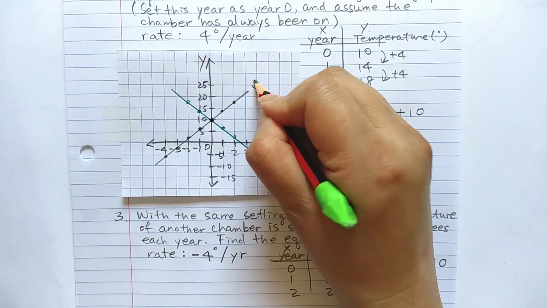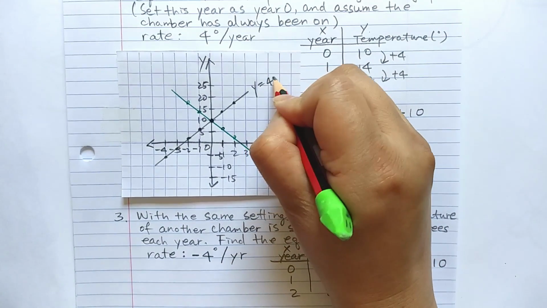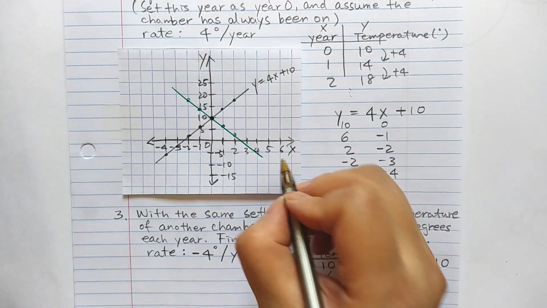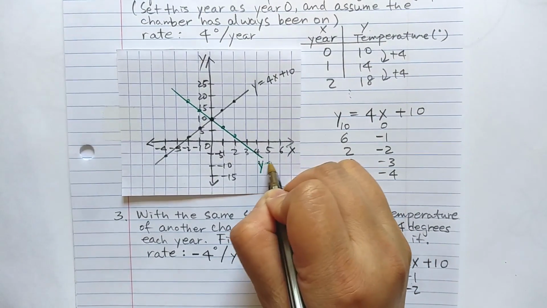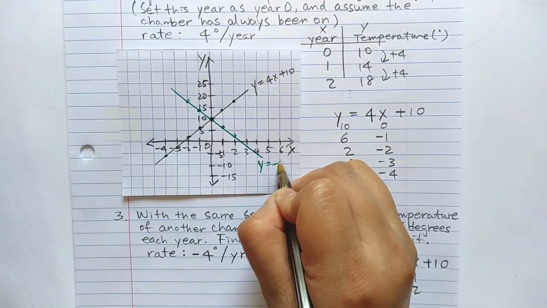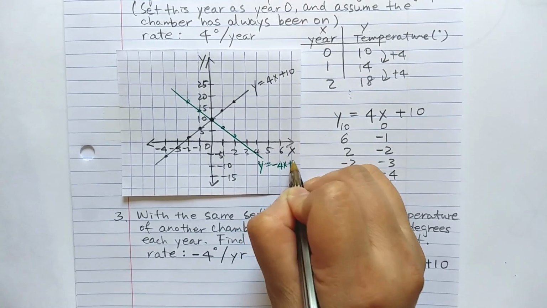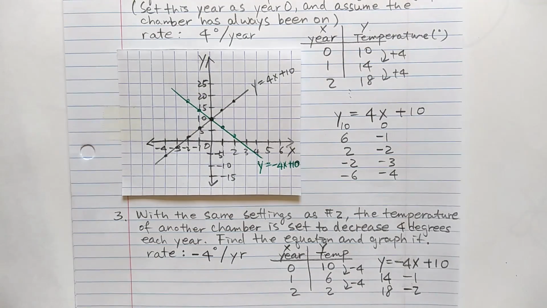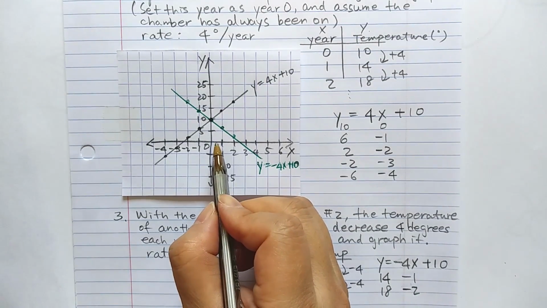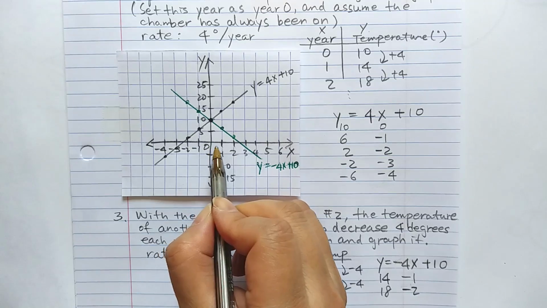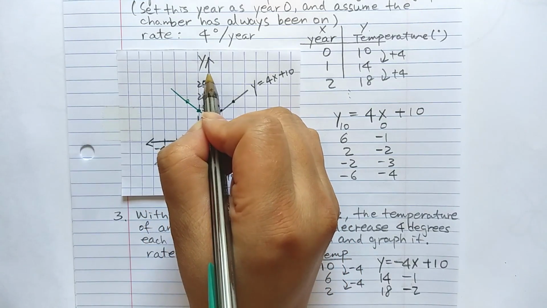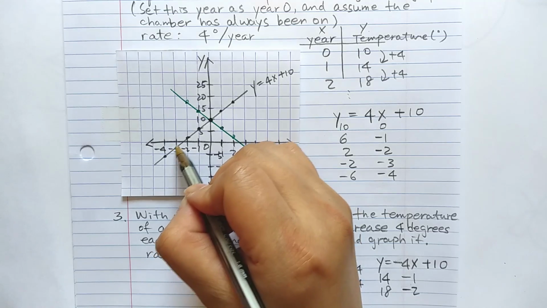So this is graph for y equals 4x plus 10. And this is y equals negative 4x plus 10. I want you to remember, if x values increase as y values also increase, then the graph will go this way.